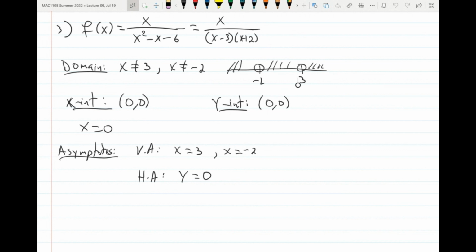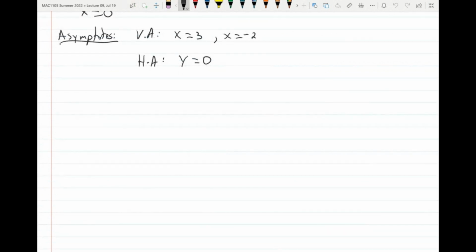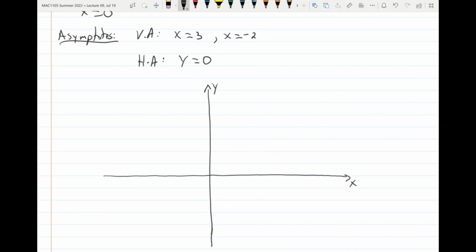So let's see. Remember, the first thing that you should do is draw your asymptotes. So put in our asymptotes and then worry about the rest. Okay, so x equals 3: this is 1, so it'll be 1, 2, 3. So I have an asymptote here.